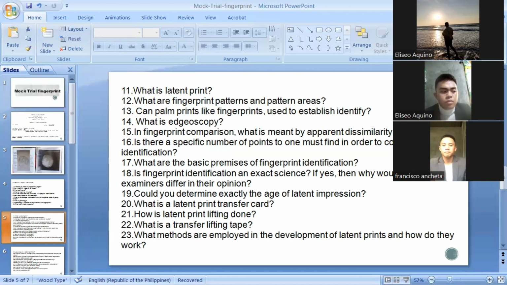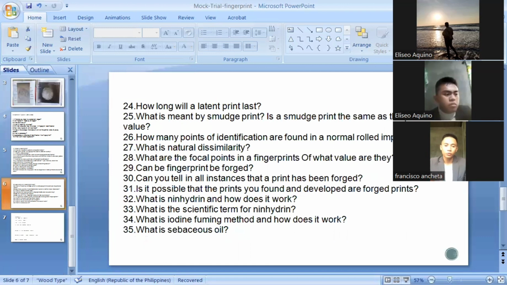Next is, can a fingerprint be forged? Definitely not, Your Honor. A fingerprint is absolute and cannot be forged because it is positive and conclusive. Next is, can you tell in all instances that a print has been forged? Yes, by examining it.